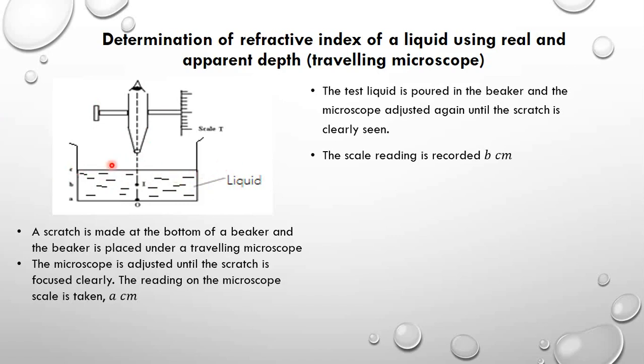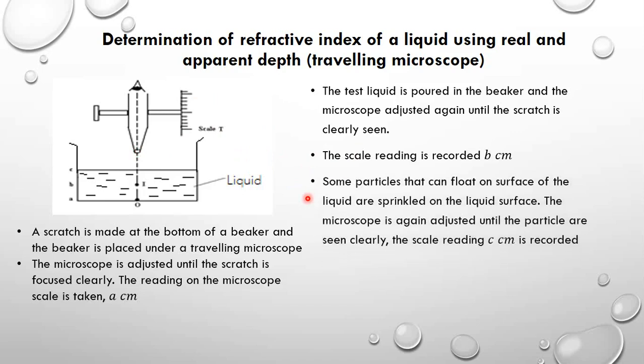And then we are going now to focus the particles of that powder we have sprinkled, maybe lycopodium powder or chalk dust. You are going to focus those particles until they are clearly seen through the microscope. Then again, we are going to record the new scale reading on the traveling microscope, and that is going to be C centimeters.